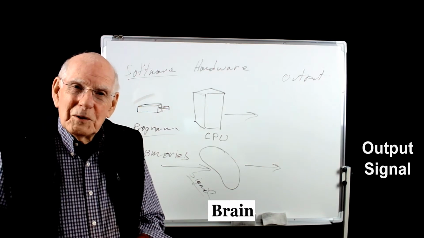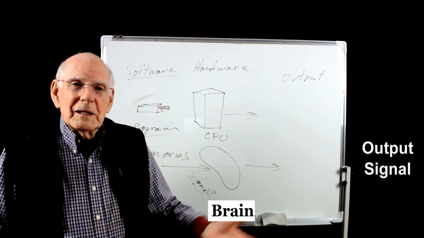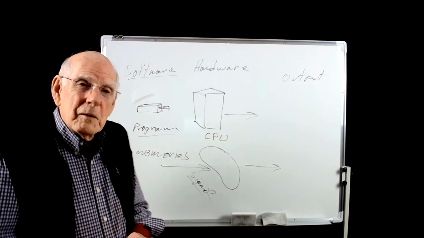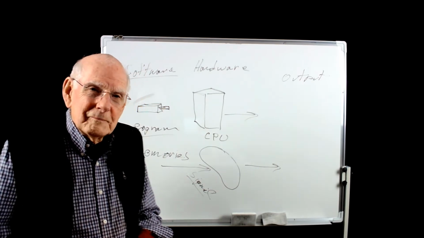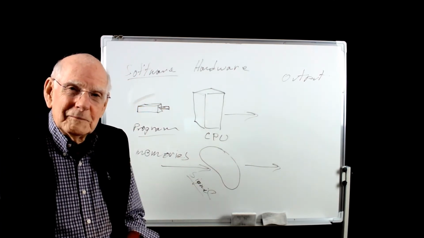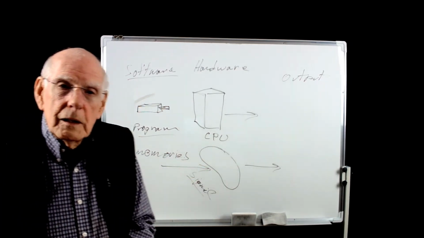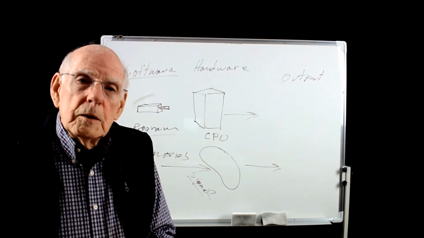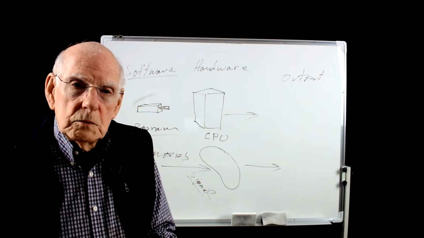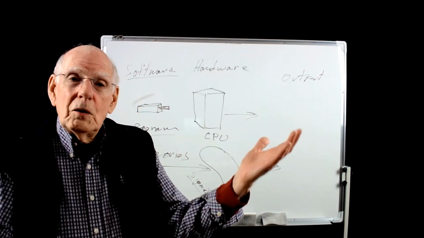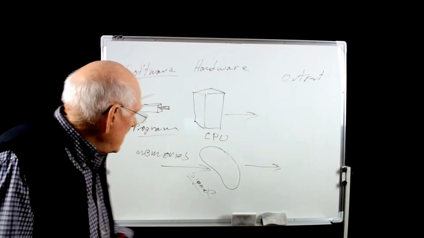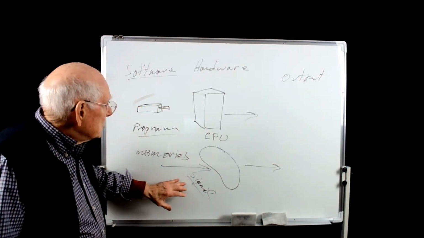But since pharmaceuticals is one of the biggest money makers in the country, must be pretty good. So I want you to look at the brain as a predictable piece of hardware. That's all.